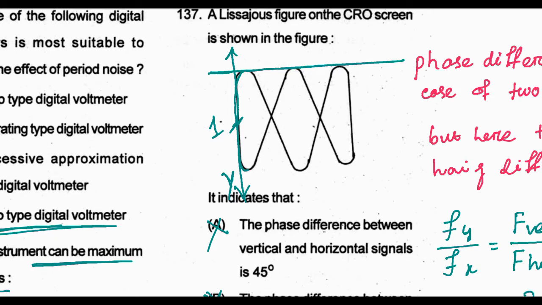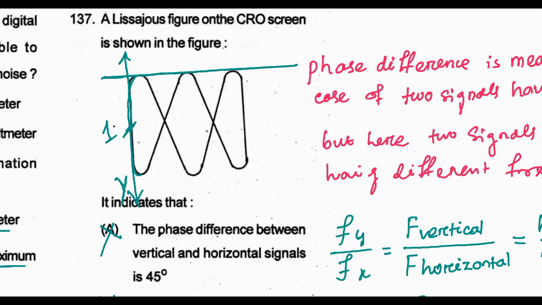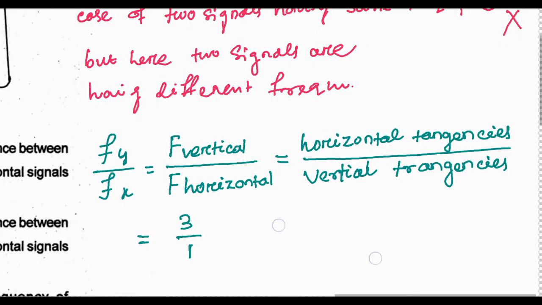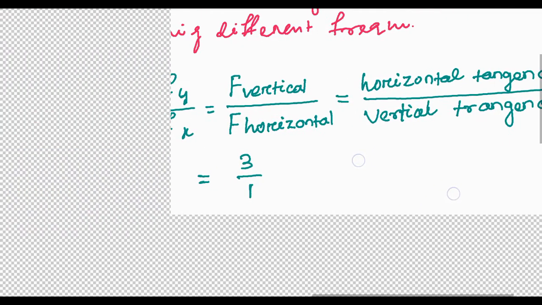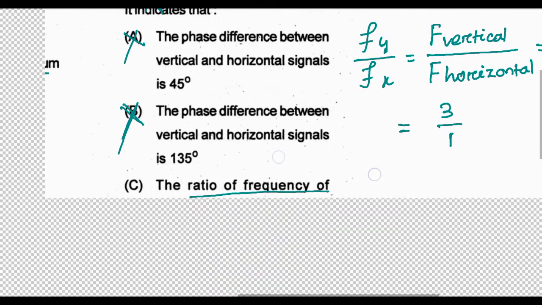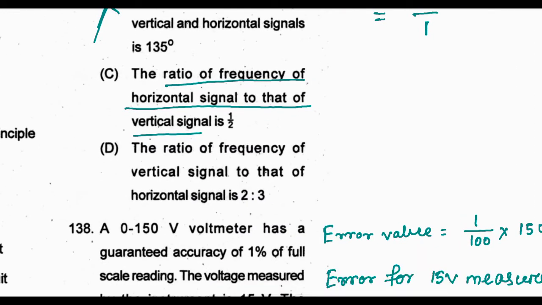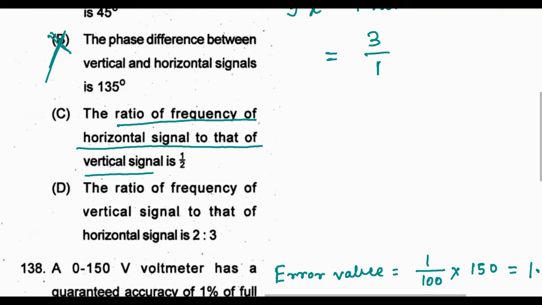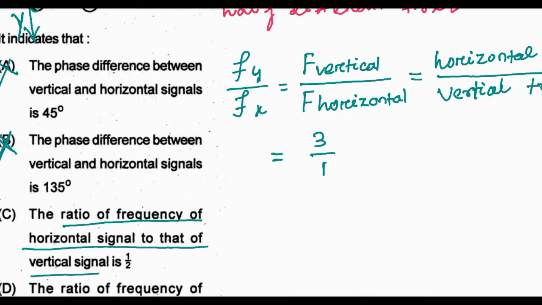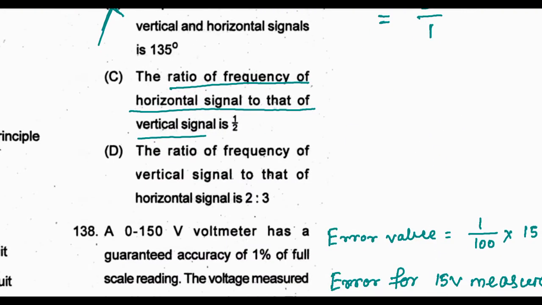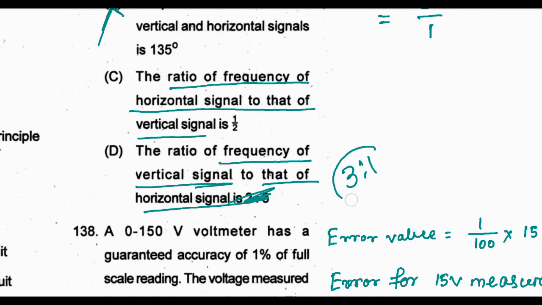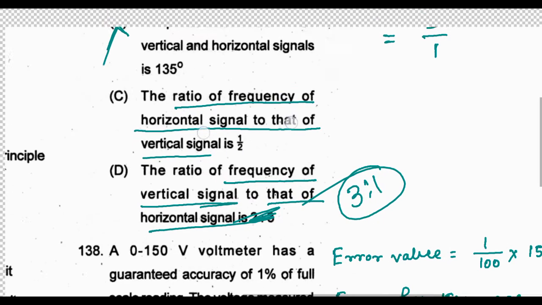And how many times is it touching the horizontal line? Here is 1, here is 2, and here is 3. So horizontal tangencies by vertical tangencies is 3 by 1, that is 3:1. There is no option like this, so the ratio of frequency of vertical signal to that of horizontal signal should not be 2:3, it should be equal to 3:1, because the graph is like this.